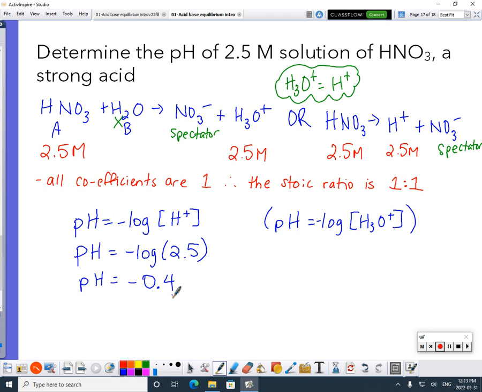Makes your life way easier. So it says strong acid. Tomorrow we'll look at if it's weak, you'd be given an equilibrium constant value. But so today for all the homework, it'll just be strong. Okay?